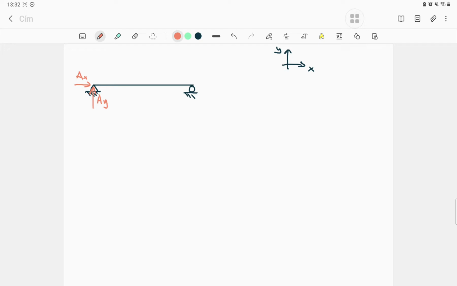Because I drew a horizontal line as the ground, we now know that inside this roller support point, the force will be parallel with the y axis line. So we have three unknowns.